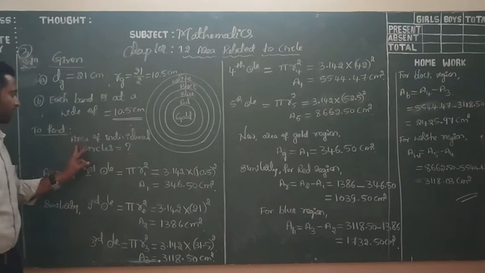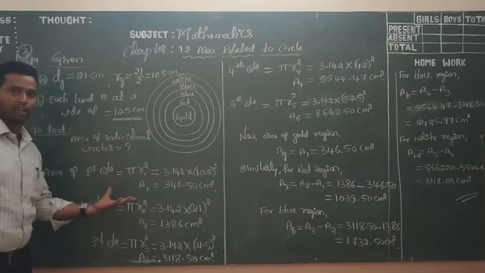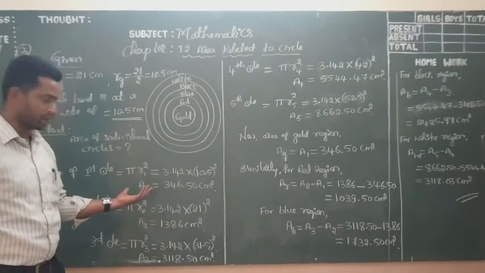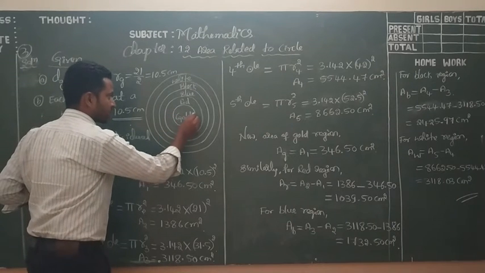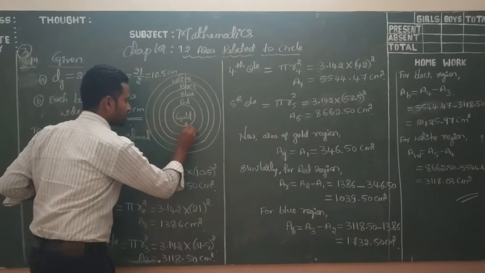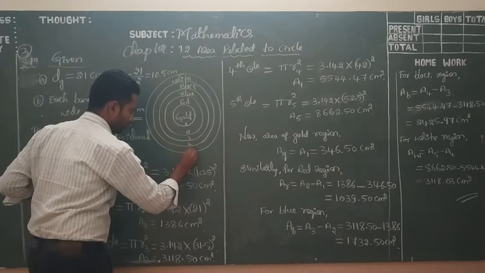So to find the area of the individual circles, the area of a circle formula is pi r square. First we calculate the area of the first circle. Let us consider this is the first circle, this is the second circle, this is third, fourth, fifth.